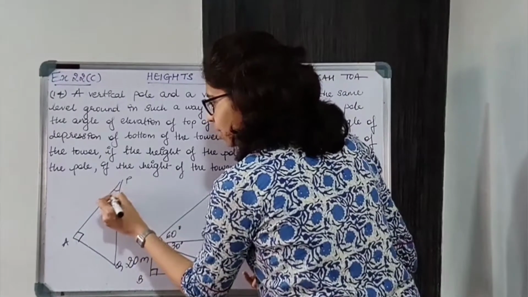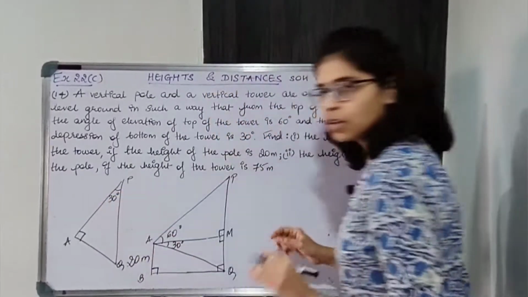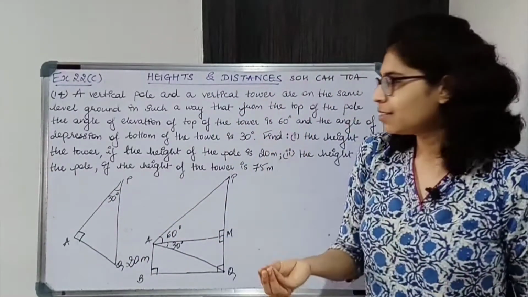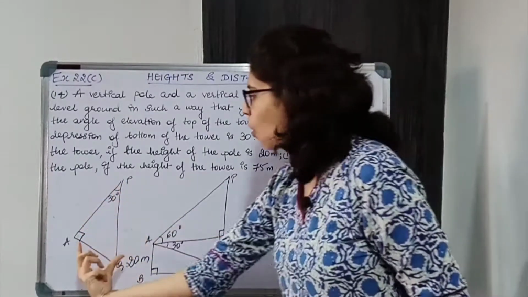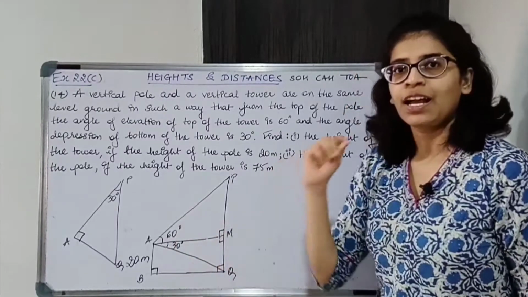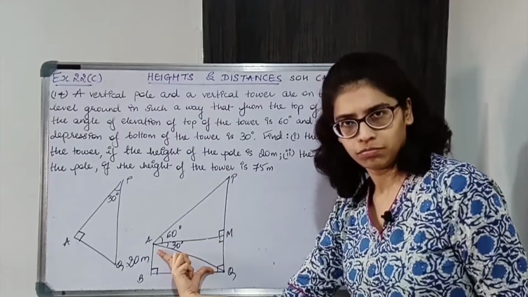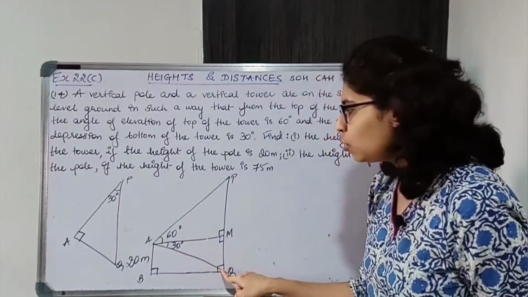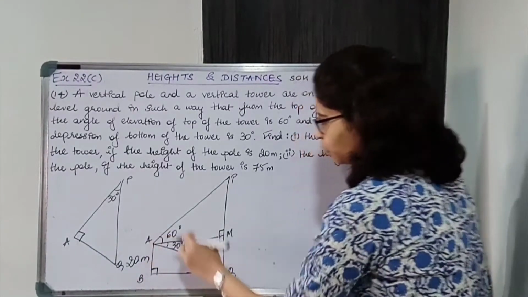So this is 30. All right, we know one angle. Now we need to find one side, either AP or AQ. Which one can I find, AP or AQ? I can find AQ. I will easily get AQ. How? For AQ I'll consider triangle ABQ.